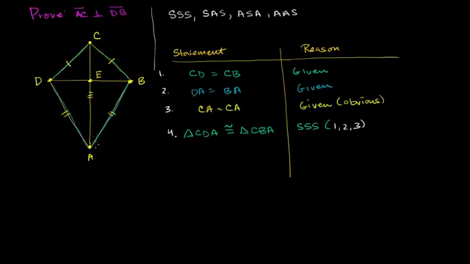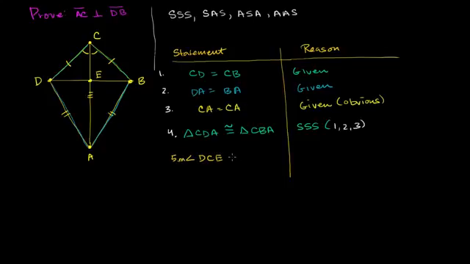And then if these are congruent, then we know, for example, that all of their corresponding angles are equivalent. So for example, this angle is going to be equal to that angle. So let's make that statement right over there. We know that angle DCE, so this is going to be statement 5. We know that angle DCE, that's this angle right over here, is going to have the same measure. We can even say they're congruent.